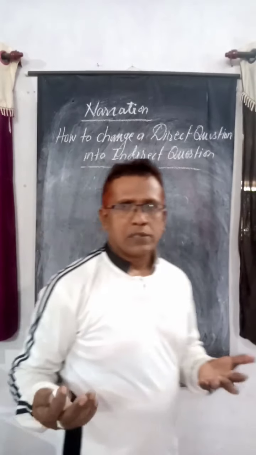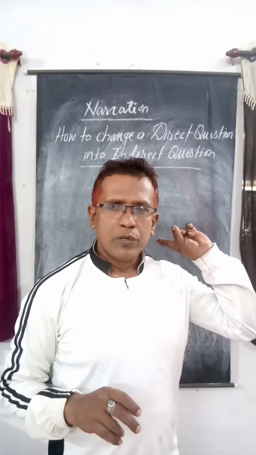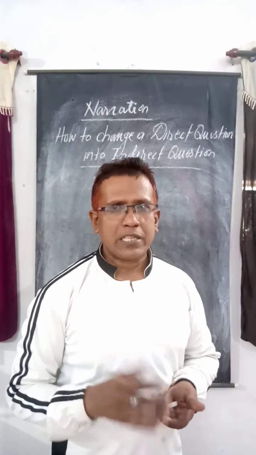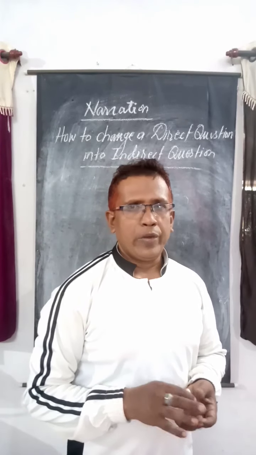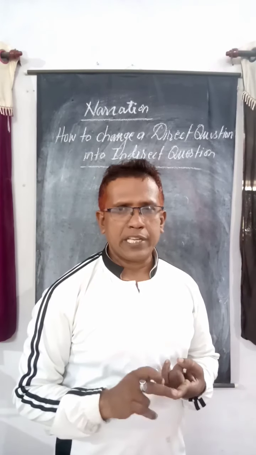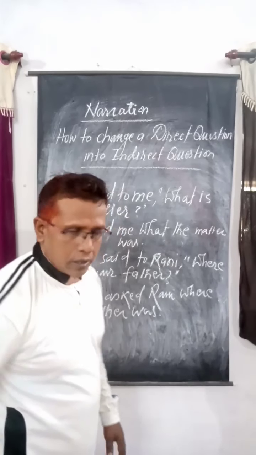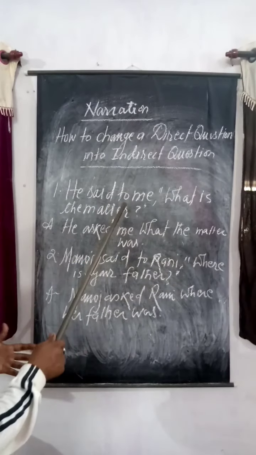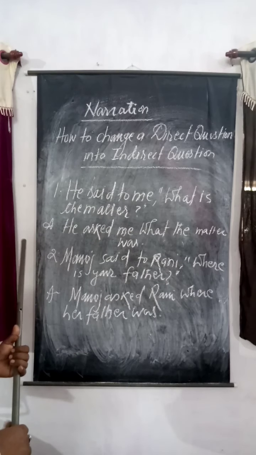Before going through the rules, I am giving you two examples, and through these examples we will try to know how the changes take place when we change a question sentence from direct to indirect. You can see on the blackboard there are two sentences in direct speech and they have been changed into indirect speech.